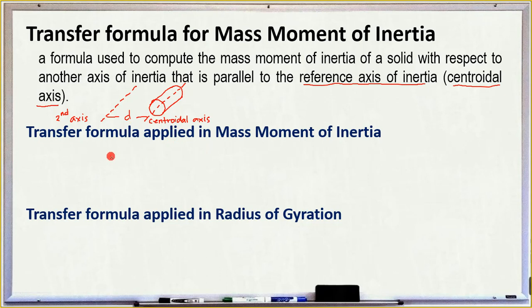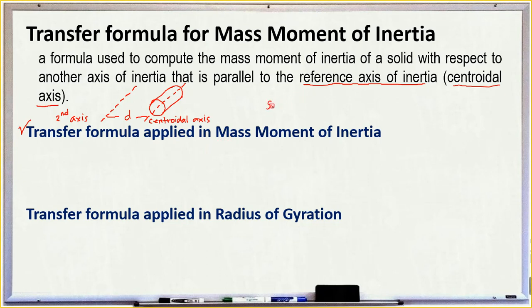So we have here the transfer formula. Let's start with the transfer formula applied in mass moment of inertia. The transfer formula has the same format as the transfer formula applied for the second moment of area.